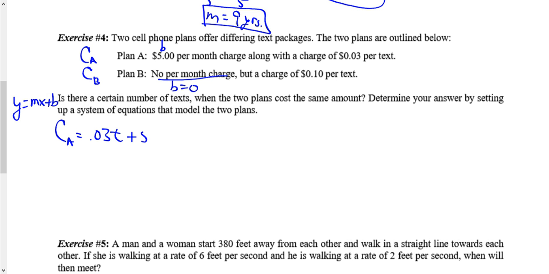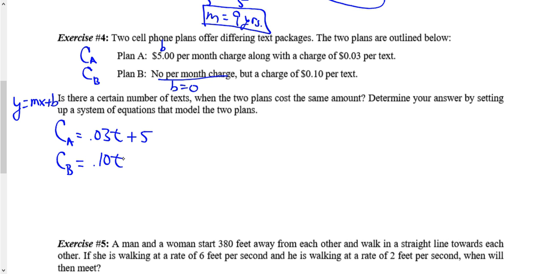Plus $5. Now let's do the cost for Plan B. C sub B equals 0.10T, plus 0. You can put just 0.10T.